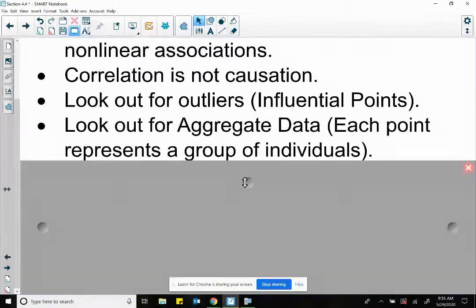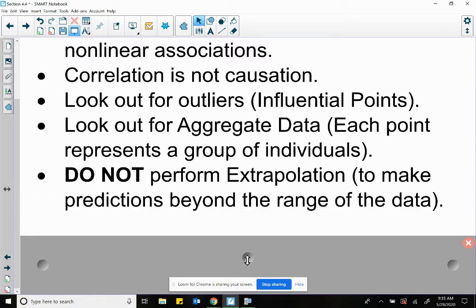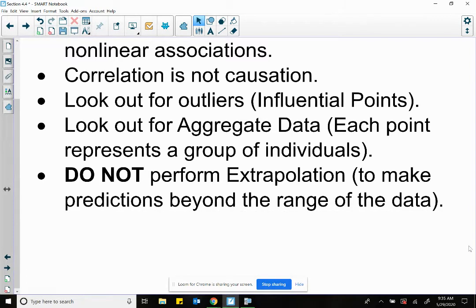All right, and then this is the last one. Do not perform extrapolation. When you looked at the graph in section 4.3 and found a predicted data value, like the one dealing with the mother's height and the daughter's height, you were doing what is called interpolation, because you were making predictions within the data.